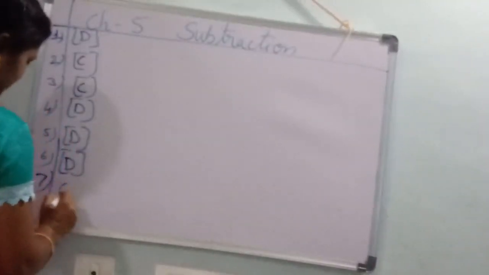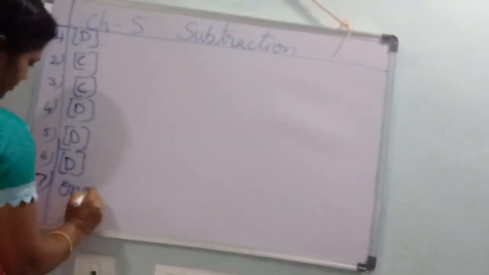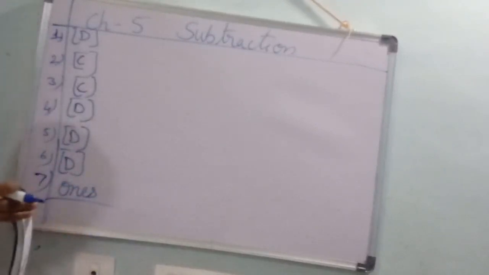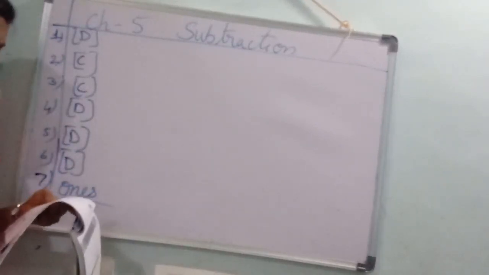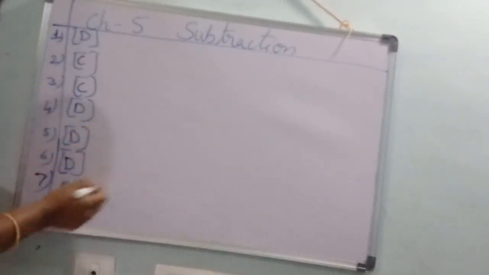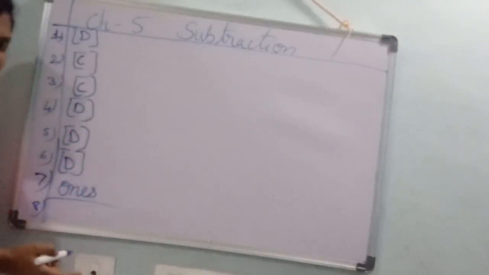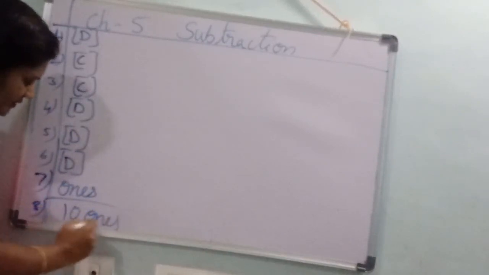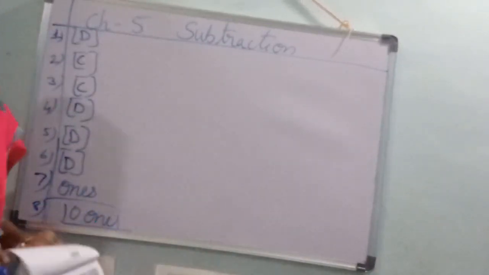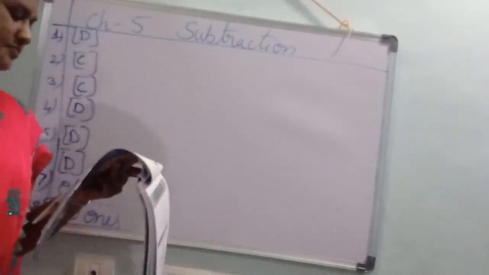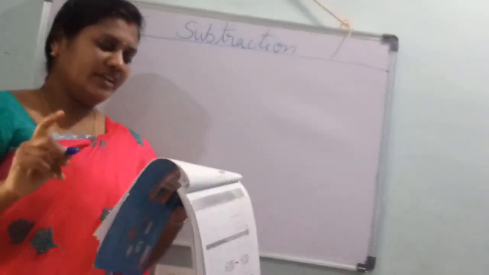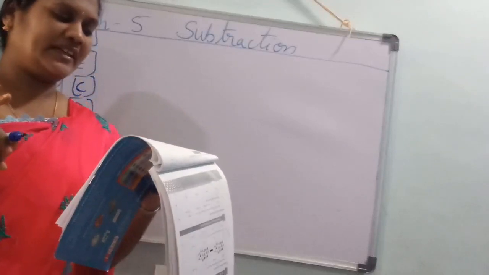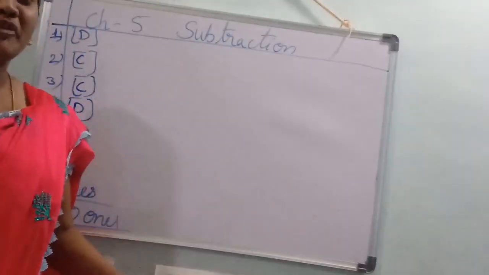Seventh one. Next. Eighth one. 110 is equal to how many ones? 110 is equal to dash ones. 10 ones. Yes, how many ones will come? When we subtract 1 from a number, we get the number that comes before it. Yes or no?